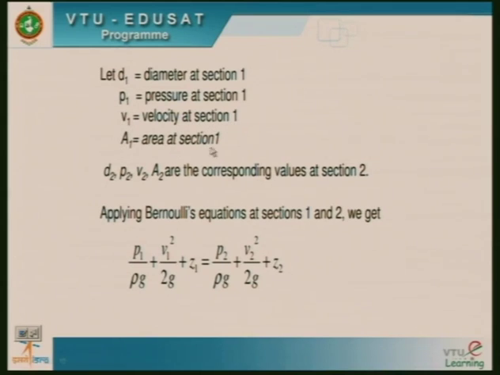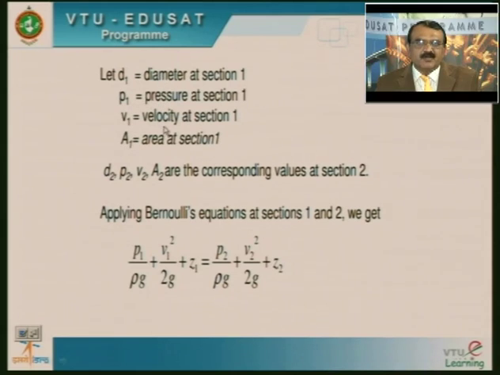A1 is the area at section 1. Similarly, D2, P2, V2 and A2 are the corresponding values at section 2. I repeat, D1, P1, V1, A1 are the diameter, pressure, velocity, area at section 1. Similarly, D2, P2, V2, A2 are the corresponding values at section 2.